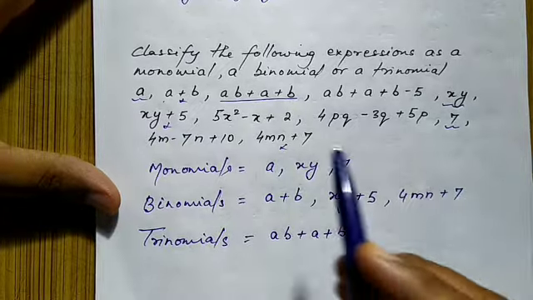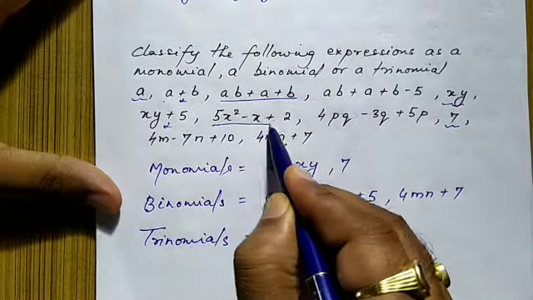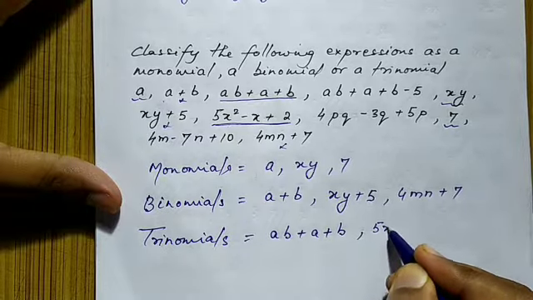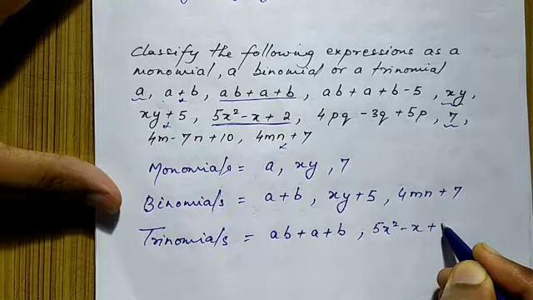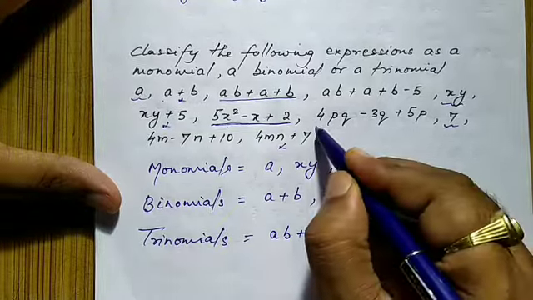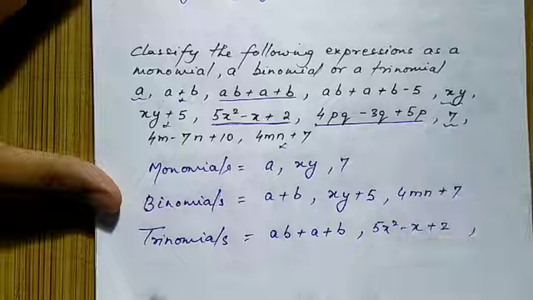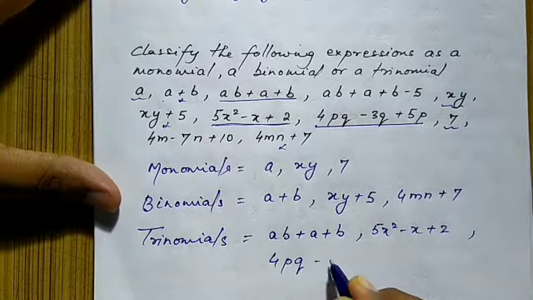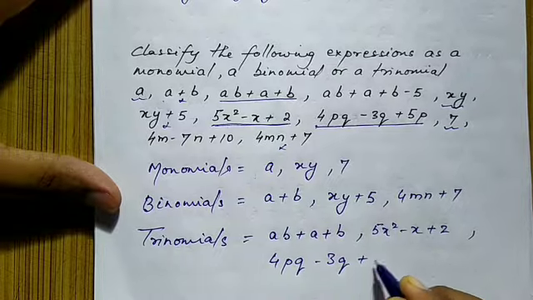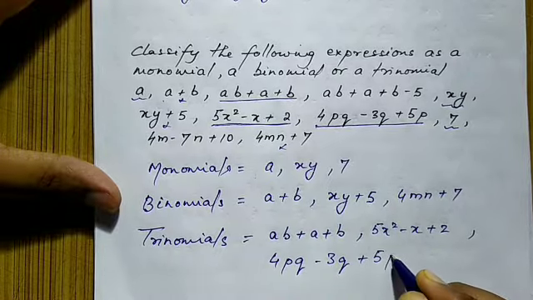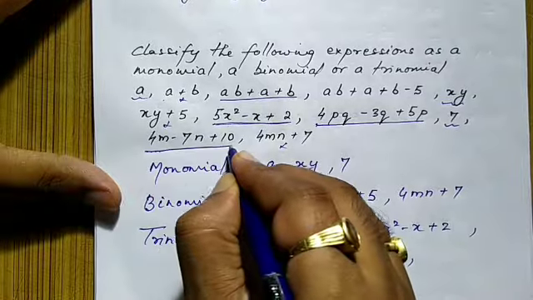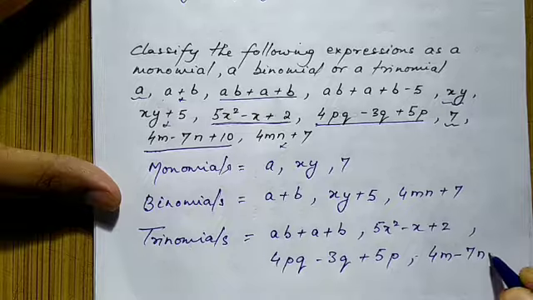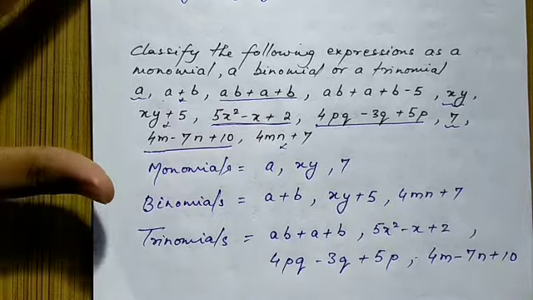After that, this has how many terms, 3 terms, 5x square minus x plus 2. This is also, 4pq minus 3q plus 5p. And this is also a trinomial, 4m minus 7n plus 10.